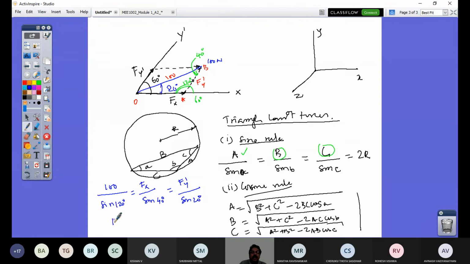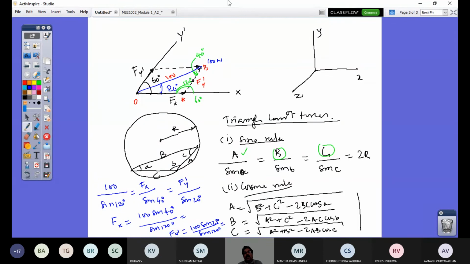So this solves for my components: Fx is 100 sine 40 by sine 120. Another one is Fy dash, which is 100 sine 20 by sine 120.